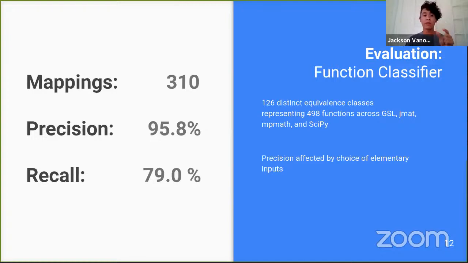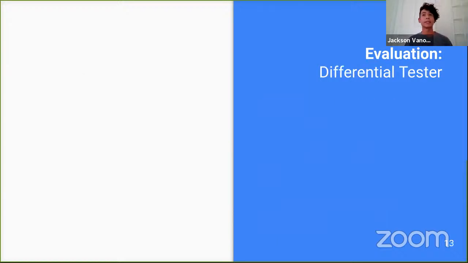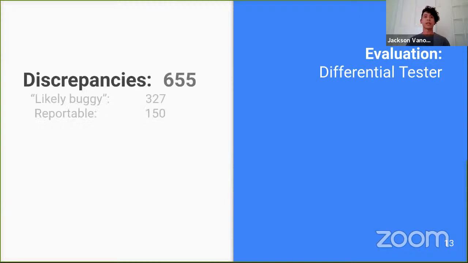In a minority of cases, we found that functions that were classified together based on that range of elementary inputs would diverge for inputs that were outside of that domain. And the recall was mostly affected by the capture rate of the extractor. In other words, a more complete set of signatures coming from the extractor would benefit the recall for the classifier.